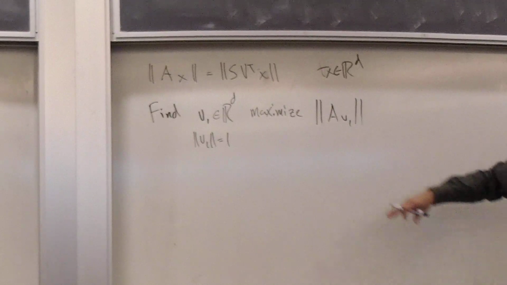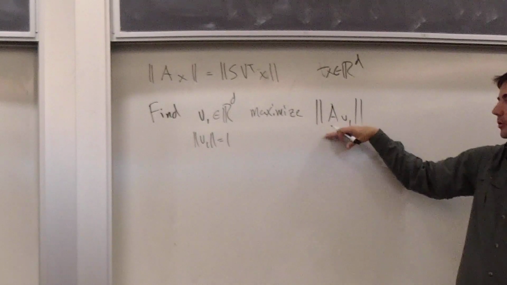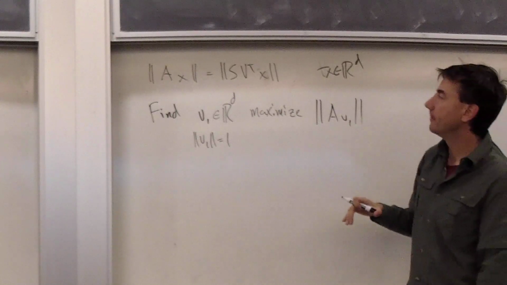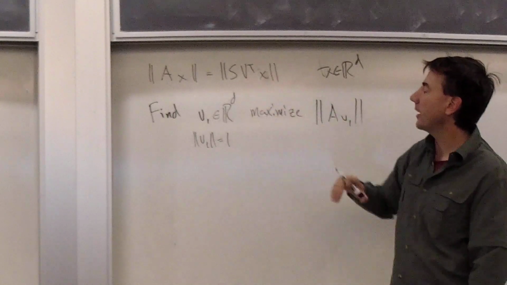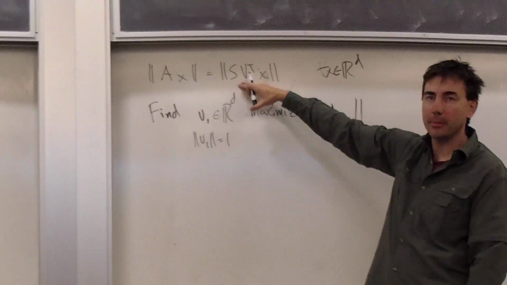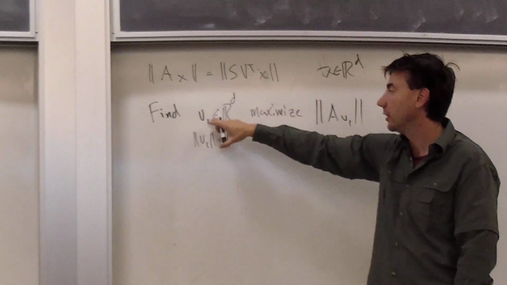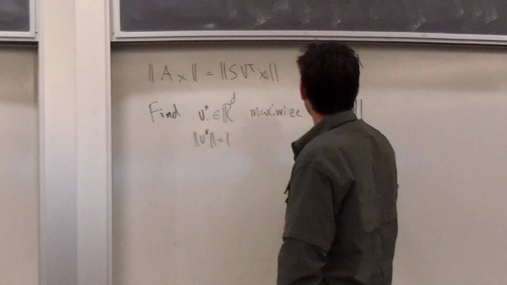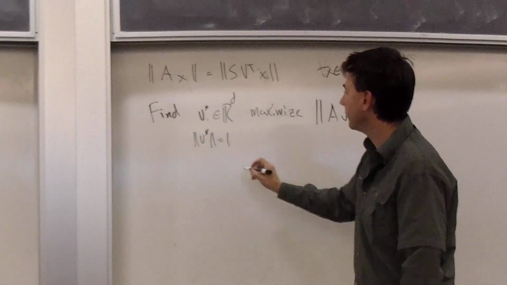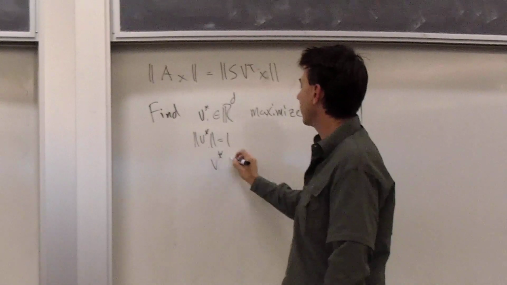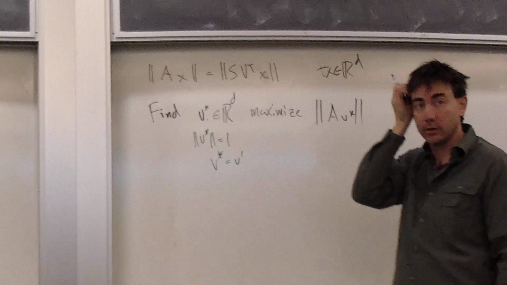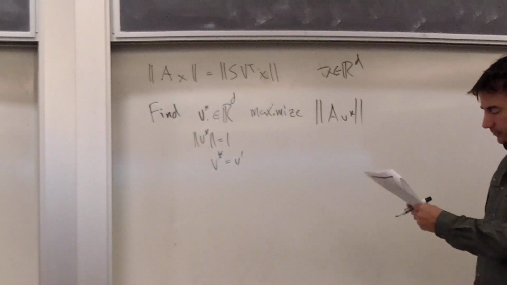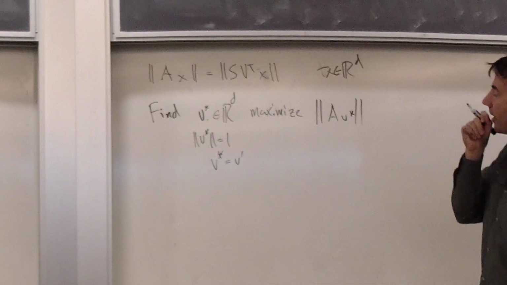So I can define the first singular vector as the unit vector which maximizes this. And if I know I have this decomposition, I would argue that this vector, I can call this v star, equals v1.